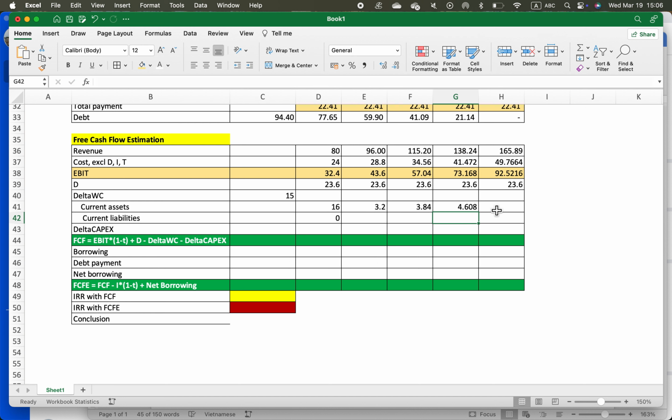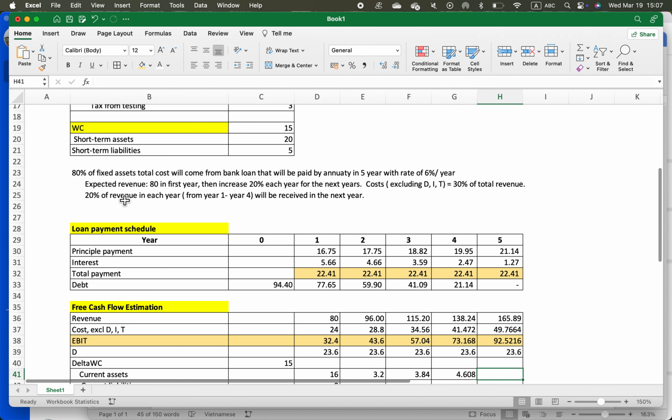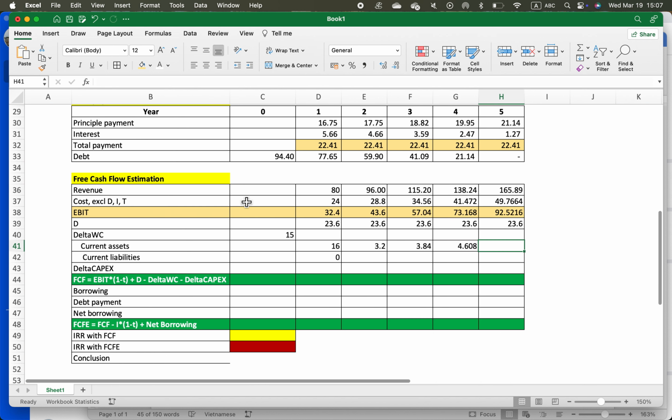Okay, and the last one we don't have. In the last year we don't have any kind of receivable because we don't see any information saying that in the last year we have 20% of revenue in receivable, because it said that it's just from year 1 to year 4 only.